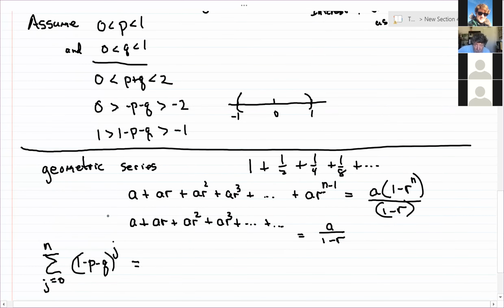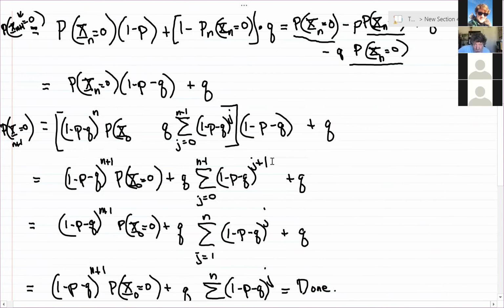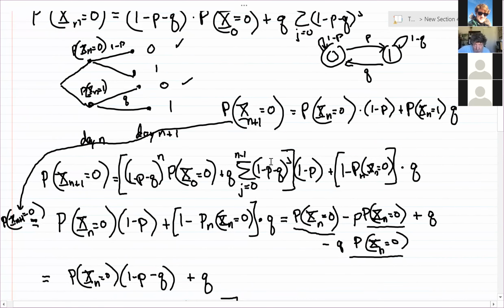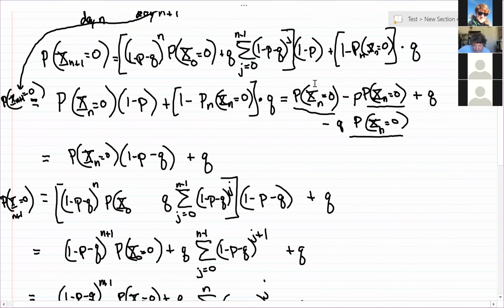Well, that's the series that came up in the induction proof. But even if we go back to this one, then we would have n minus 1. I don't think it matters which one we look at because we're going to let n go to infinity anyway.